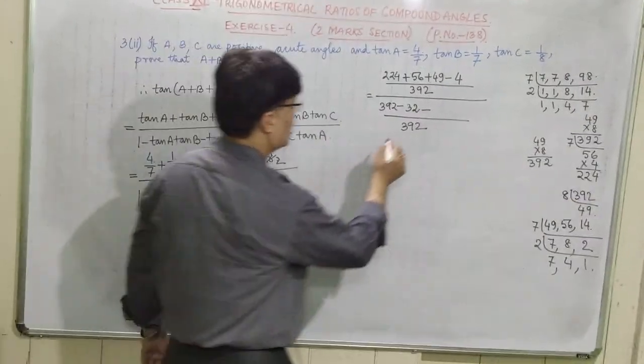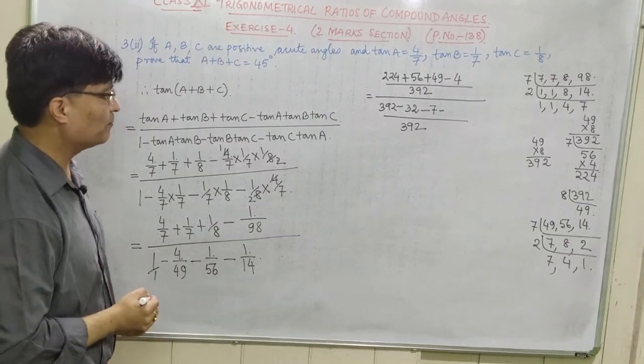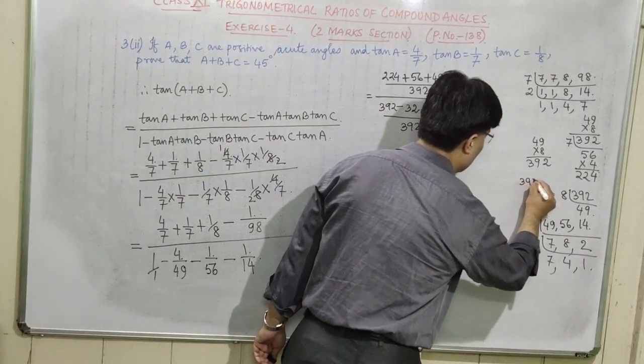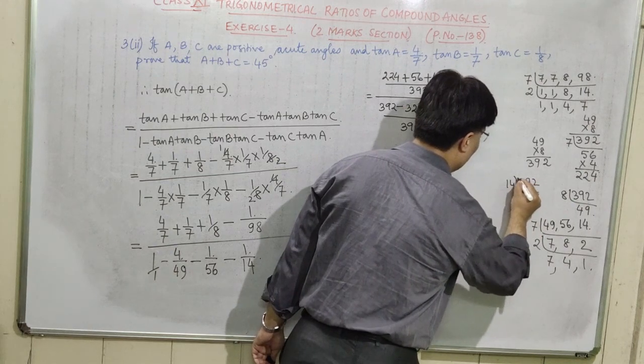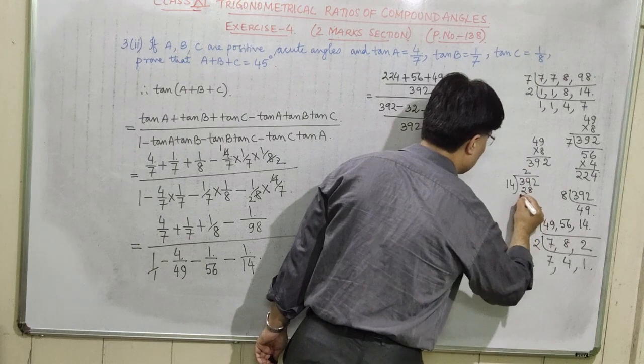Okay, so 7 ones are 7, minus, now there is 14. So 392 is divided by 14. So 14 twos are 28.